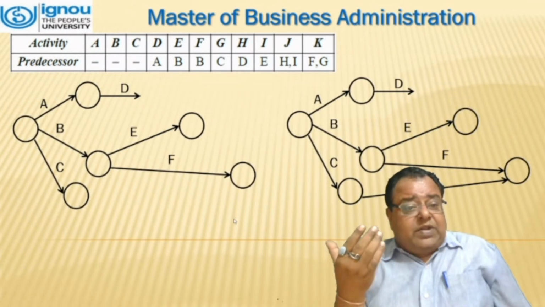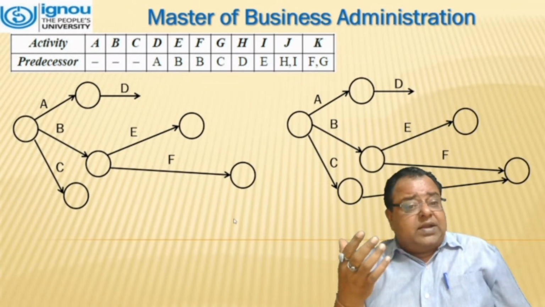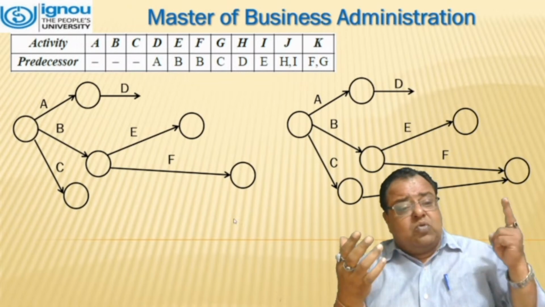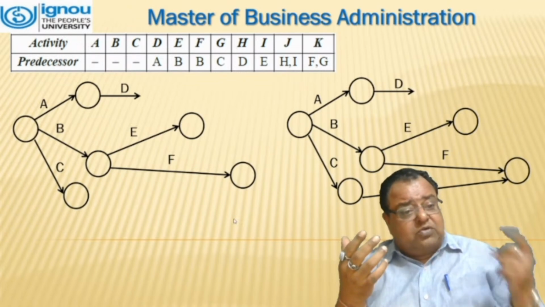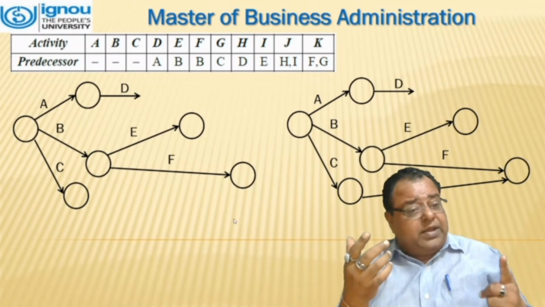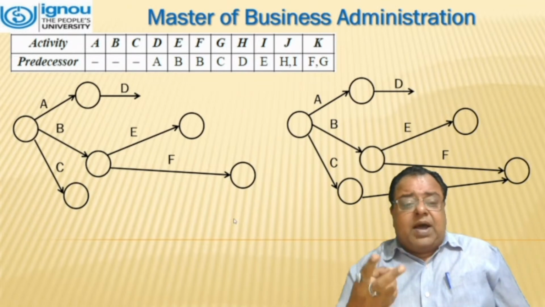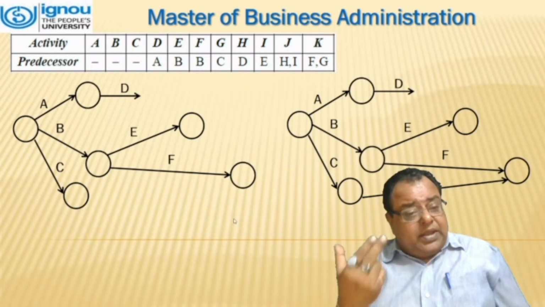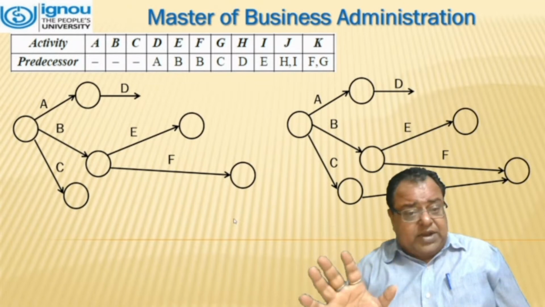Now we will move to E. We will see that E and F have one activity performed before them, that is B. So from B, we will mark two activities, E and F, and we will draw two circles at the arrows' heads.